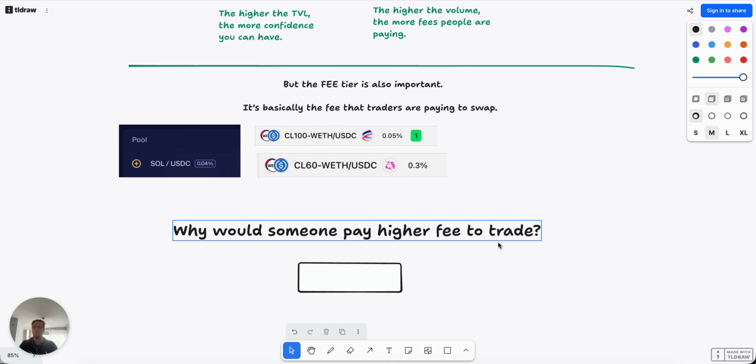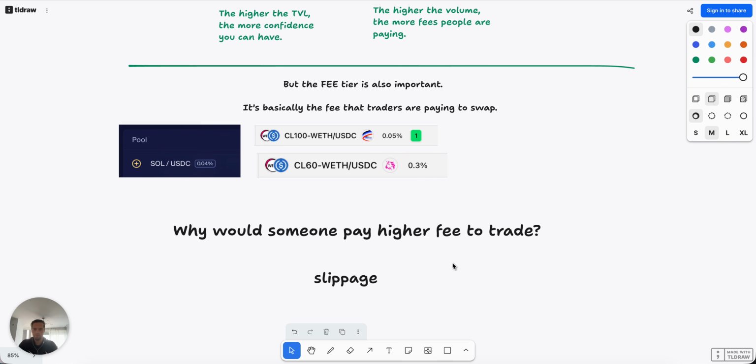Why would someone pay a higher fee to trade? And the most simple and basic answer is slippage. When you have big capitals, and this affects mostly people swapping big amounts of money. This starts from between 50K towards millions, right?